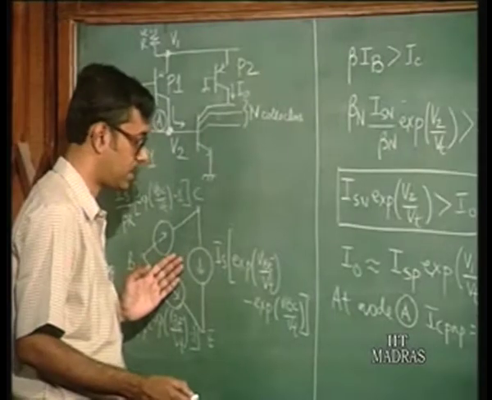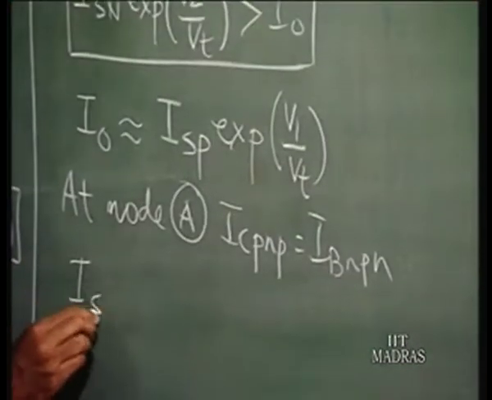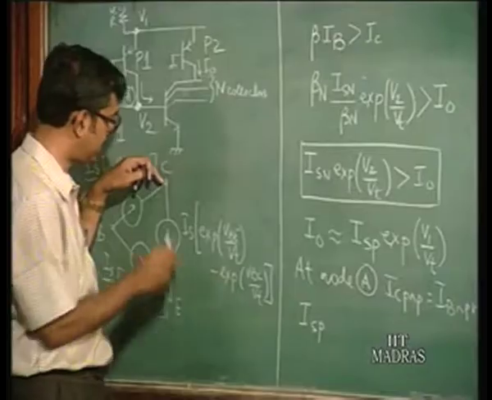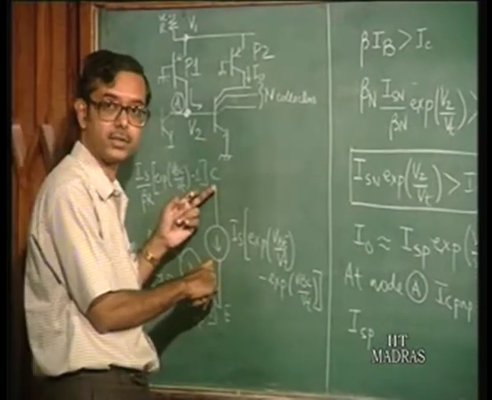Again we go to the Ebers-Moll equation. The collector current is this current source minus this current source.